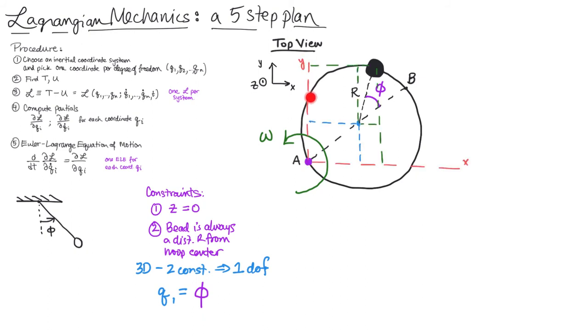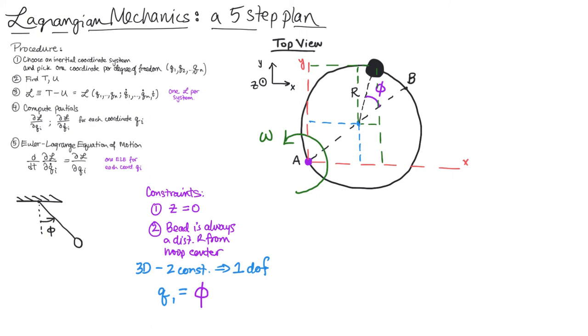Well, we can draw in our coordinate system, x and y, and then we can identify in blue the coordinates of the center of the hoop, and then from there we can move over an additional amount, labeled by green, given by the position of the bead relative to the center of the hoop. So the xy coordinates of the bead are going to be the sum of the x coordinate of the hoop plus the bead relative to the hoop, and same for y.